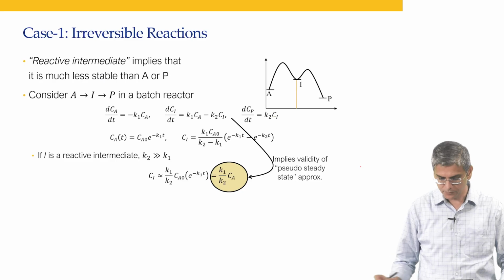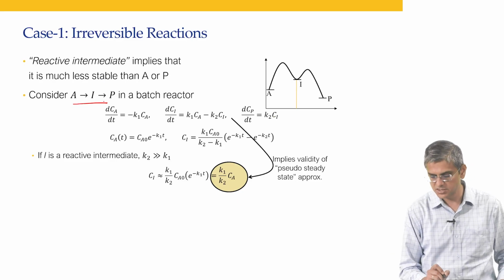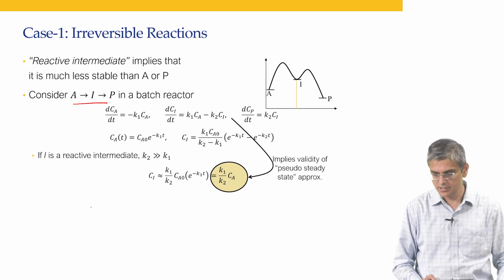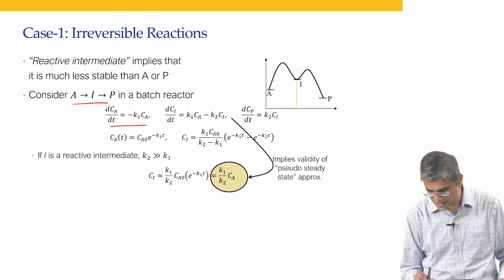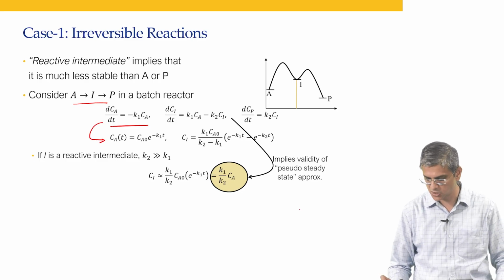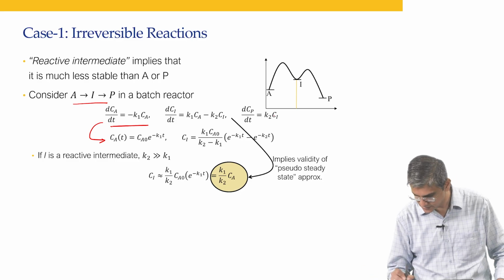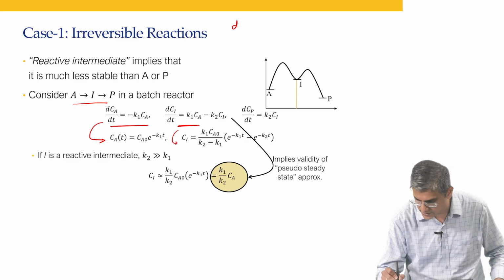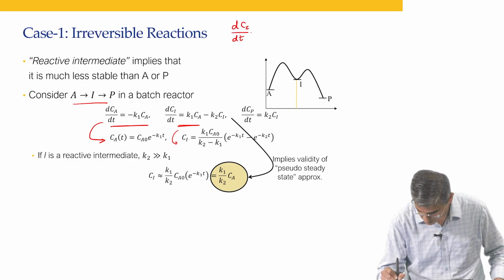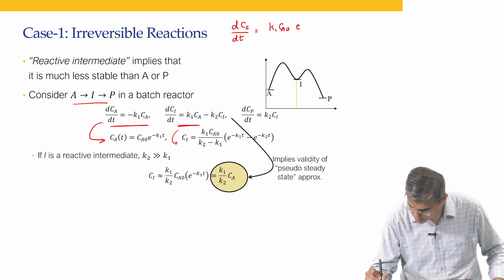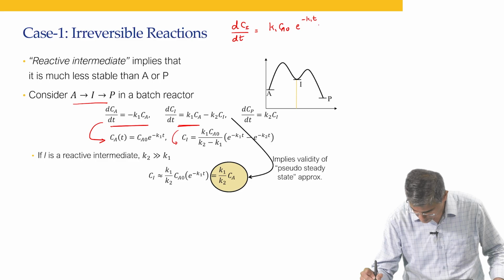Okay. So, we had considered this particular reaction, I do not know if it was A to I to P or A to B to C, okay. But we had this equation, and from this equation when we solved the ODE, we got an expression of this sort, okay. When we substituted this into this equation and then solved the ODE, we get dCi by dt is equal to K1 Ca0 e to the power minus K1 t minus K2 Ci.